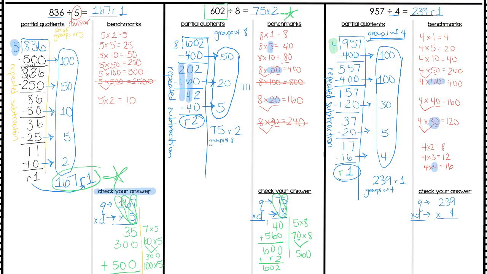When we multiply, I'm going to use partial products, although you can use an area model. We're going to multiply our 1s times our 1s. 9 times 4. You can use your 9s trick and find that 9 times 4 is 36. Then we're going to multiply our 10s times our 1s. So that is 3 10s, which is 30, times 4. 3 times 4 is 12, with a 0 at the end, which is 120.